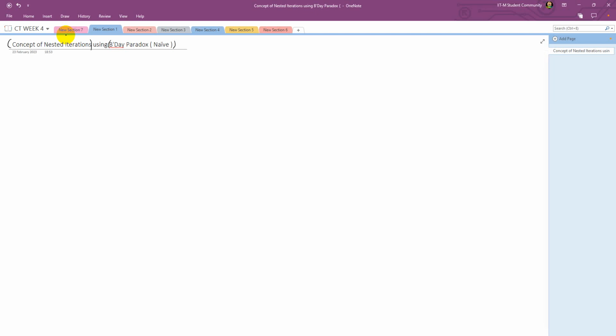What does nested iteration mean? I'll just write down the definition of nested iteration, and later on I'll tell you the common misconception made by the majority of students.